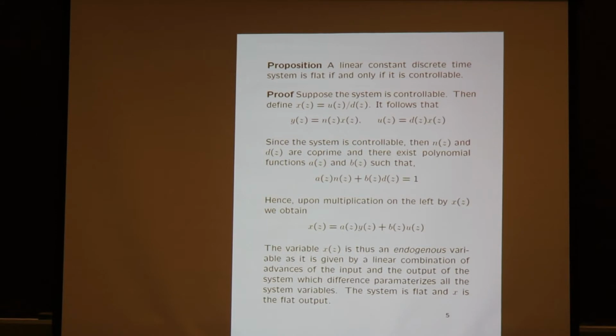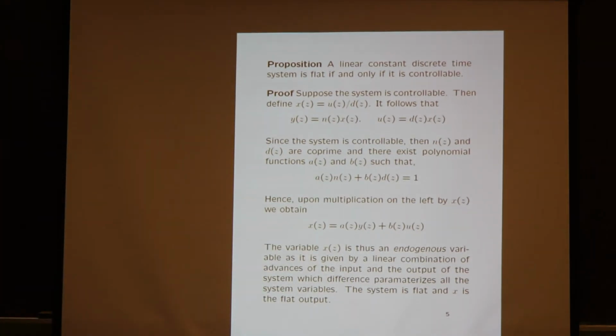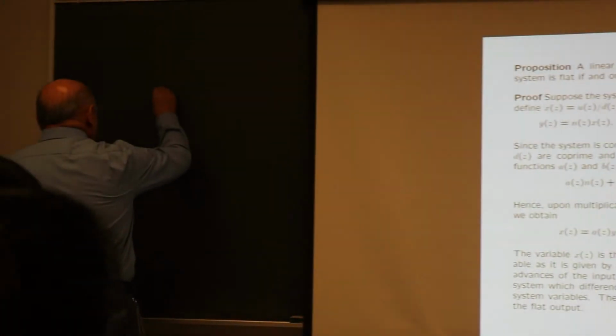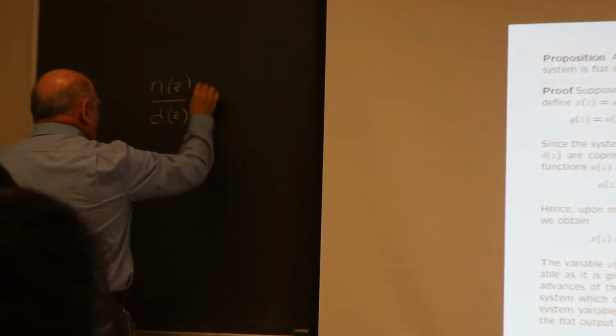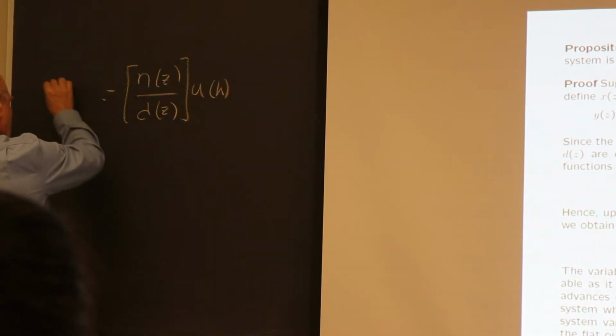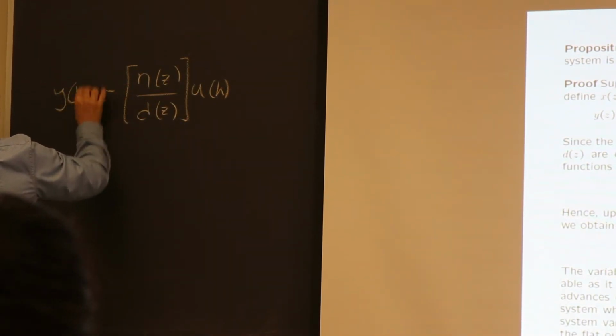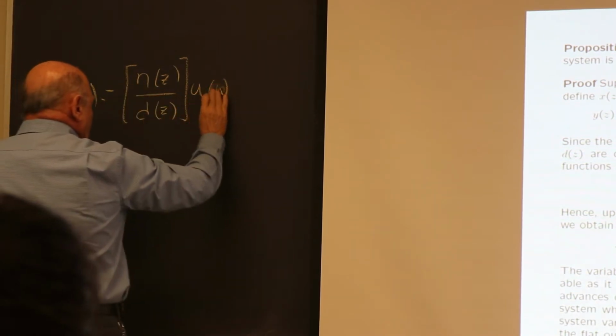So let's assume that the system is controllable, then we can define a numerator n and a denominator d, and our input-output relation is like this. Let me call these y of c and u of c.